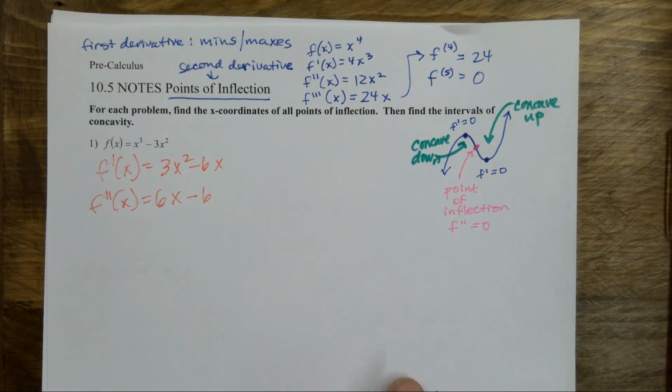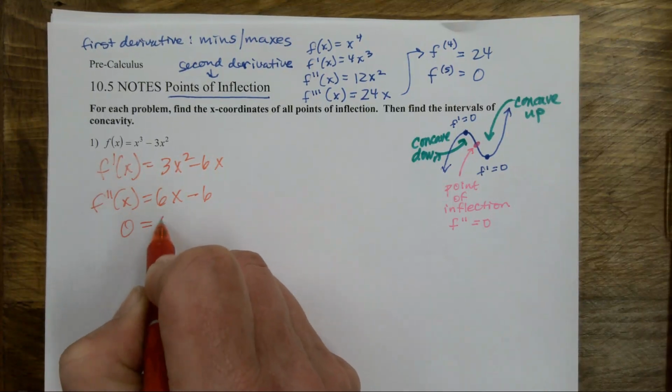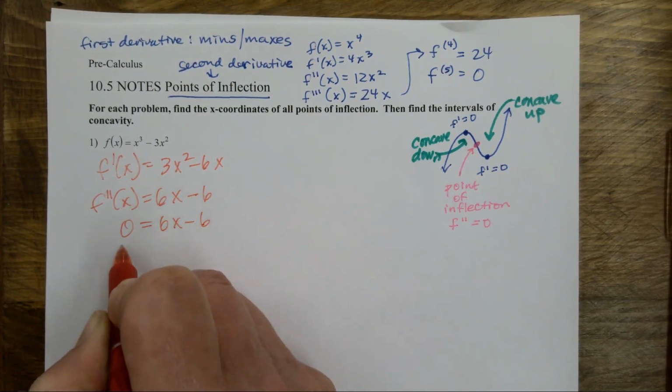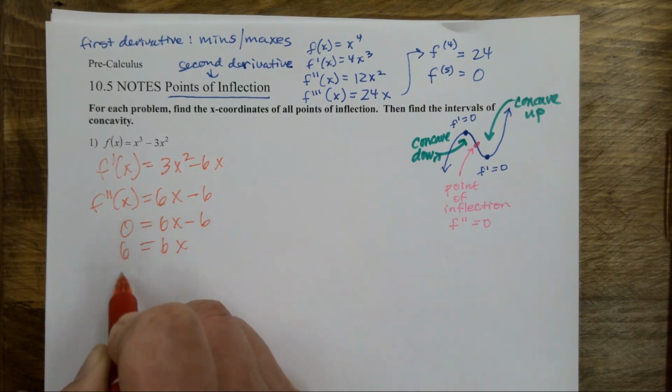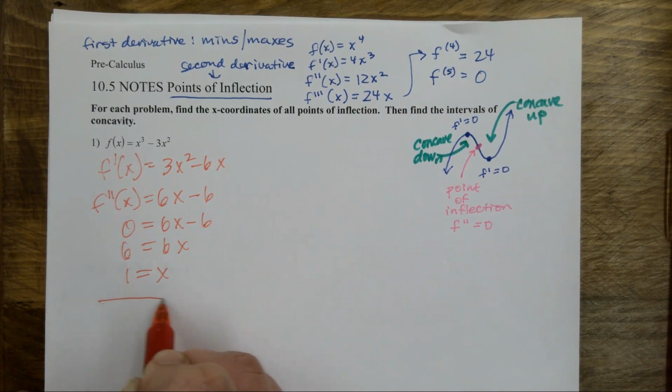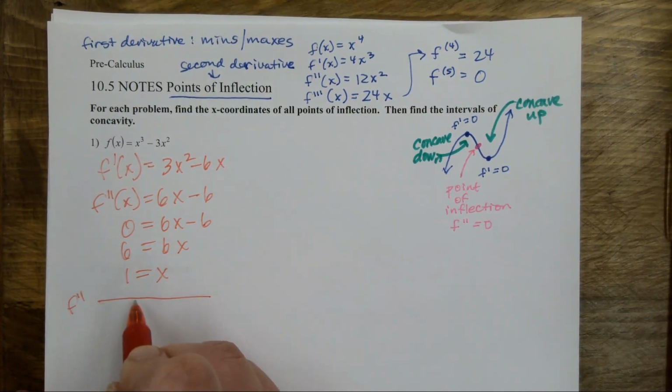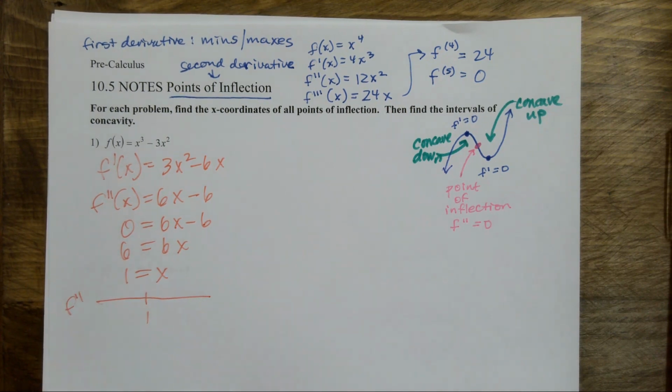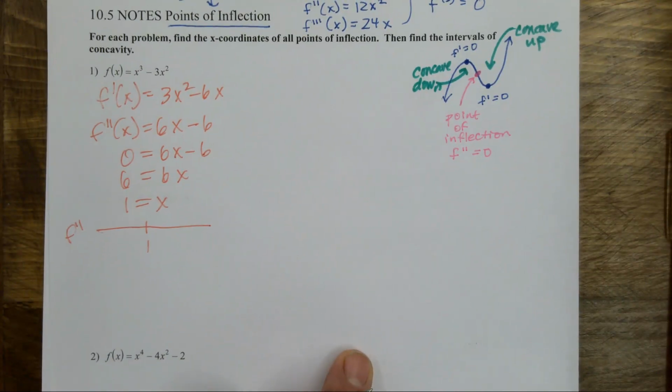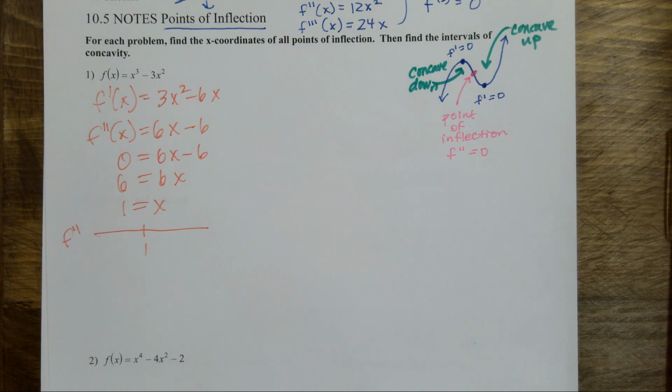I'm going to set that equal to 0 and solve and make a double prime chart. And I'm slowing down and letting you get caught up. All I did was find the second derivative, set it equal to 0, and make a double prime chart.